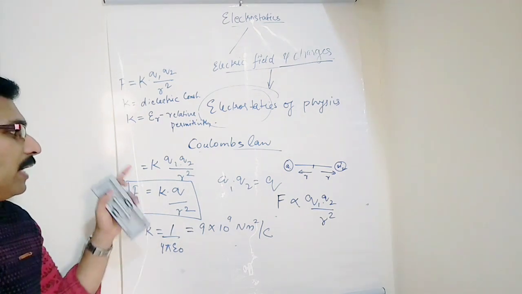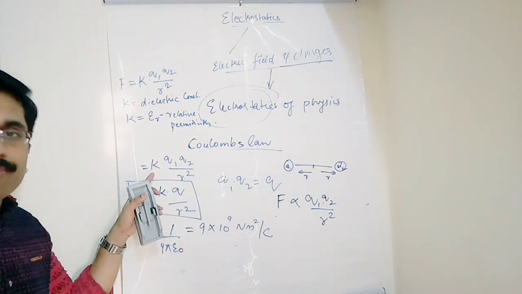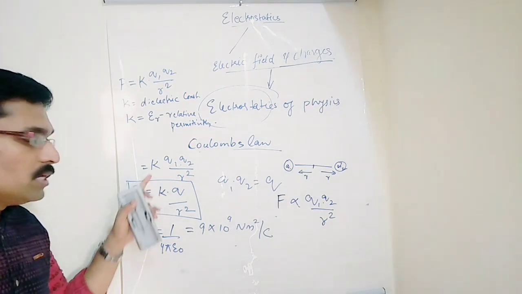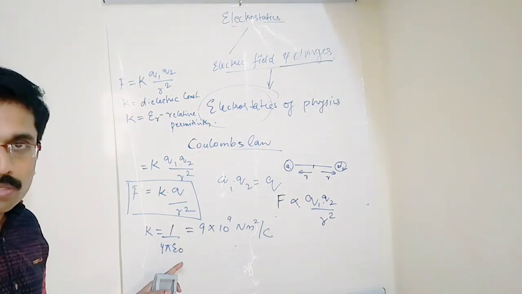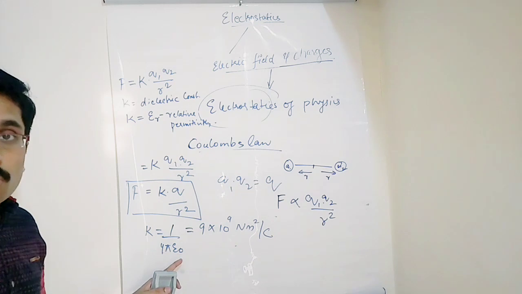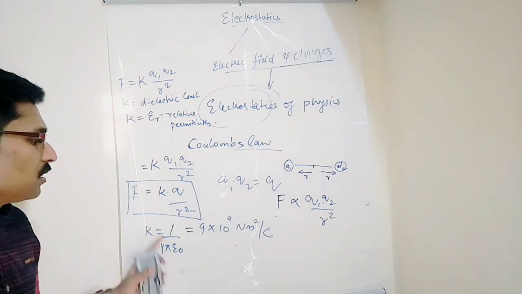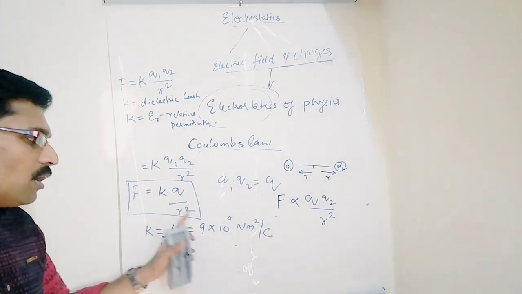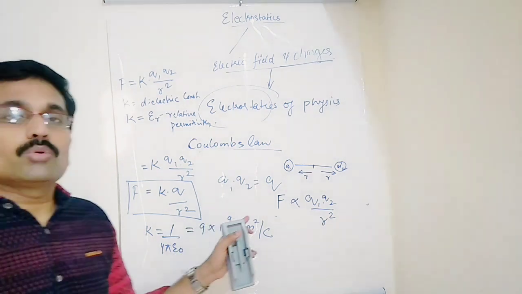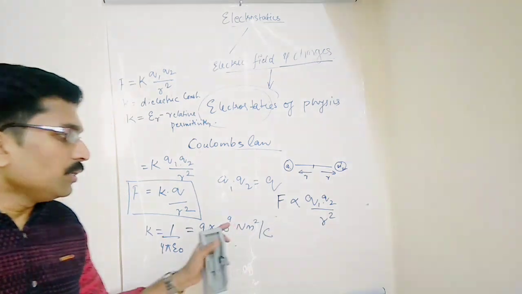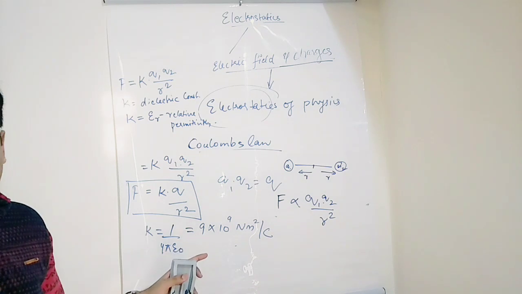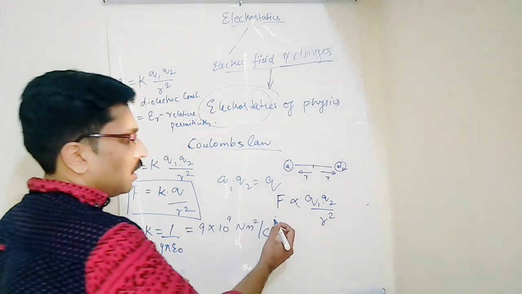Then we have seen the value of K. K is equal to 1 by 4 pi epsilon 0, that is the absolute permittivity in free space, and which has a value of 9 into 10 to the power 9 Newton meter square per coulomb. Okay, sorry, coulomb square.